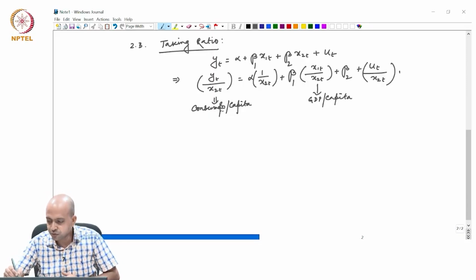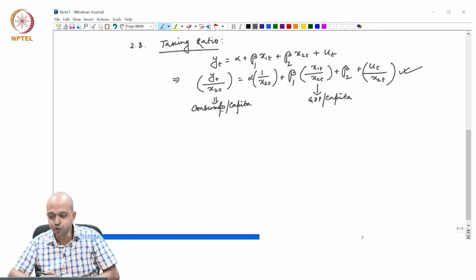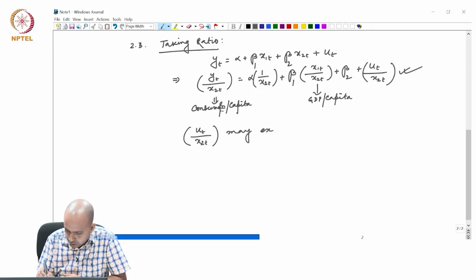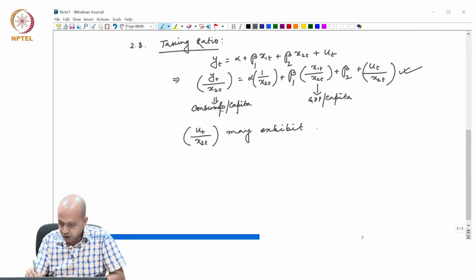The transformed error term, which is u t by x 2 t, may exhibit heteroscedasticity.